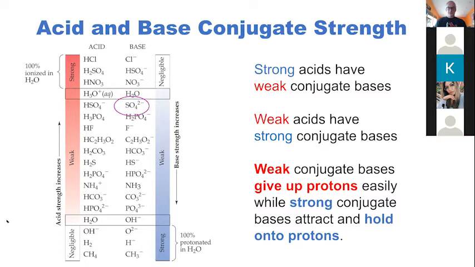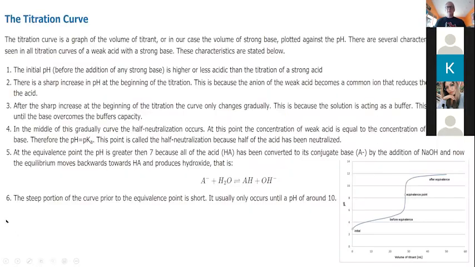All right, so let's get into what the experiment is. So you're going to be doing a titration today. And this is a titration curve down here at the bottom. And we're going to be dealing with this a lot in the report and in the third part of the experiment. The titration curve just tells you what the pH is as you add the titrant.